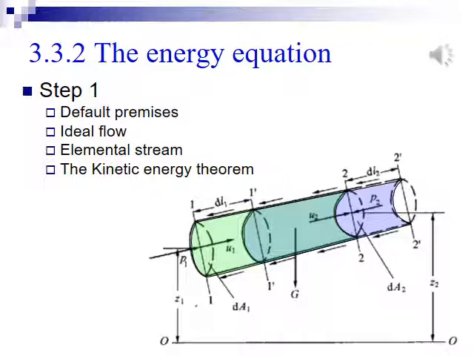In time period dt, the flow moves forward in the stream tube from location 1 to 2 to location 1' to 2'. For steady flow, quantities between 1' and 2, the overlapping segment, are identical.